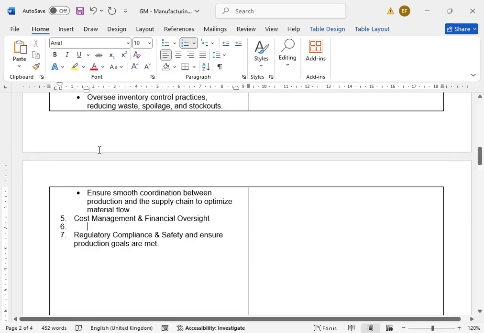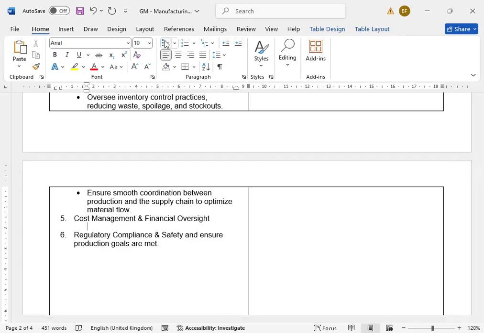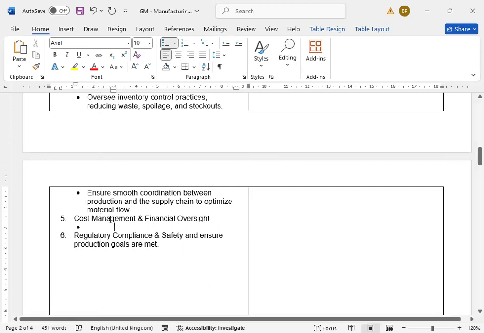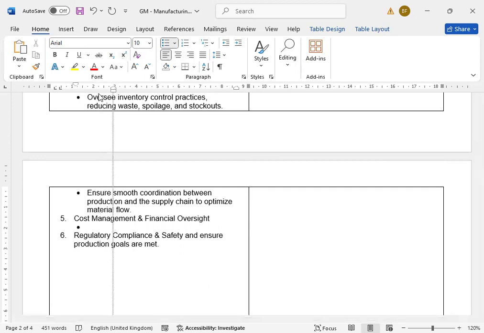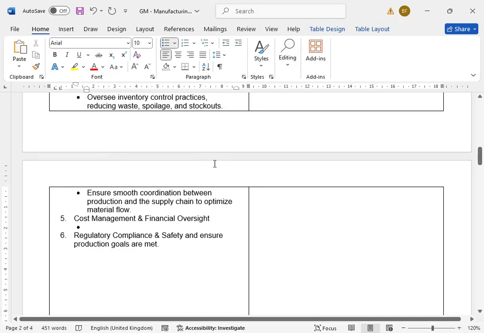And then of course the bullet. You need a bullet for this, and this one too. You need indentation.